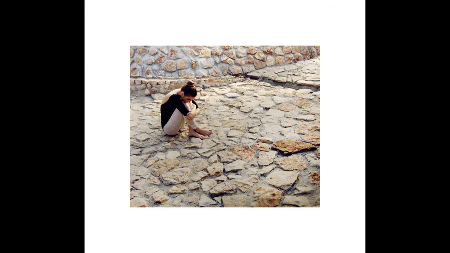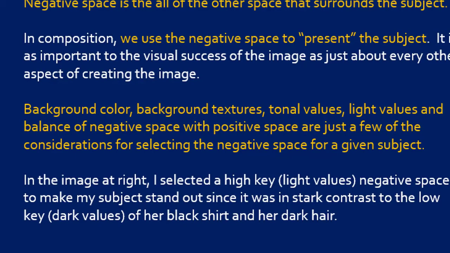It is as important to the visual success of the image as just about every other aspect of creating the image. Background color, background textures, tonal values, light values, and balance of negative space with positive space are just a few of the considerations for selecting the negative space for a given subject.